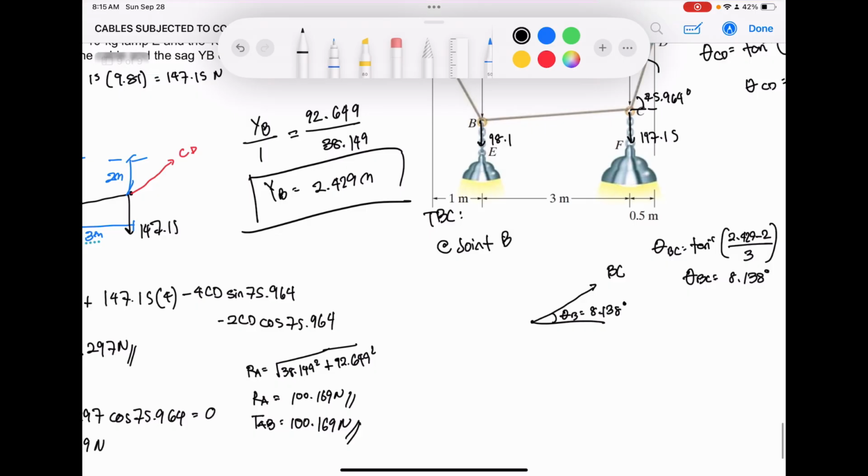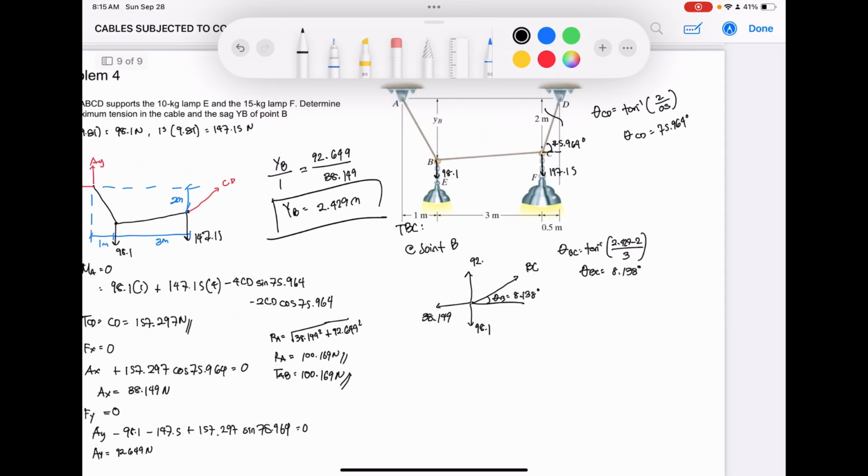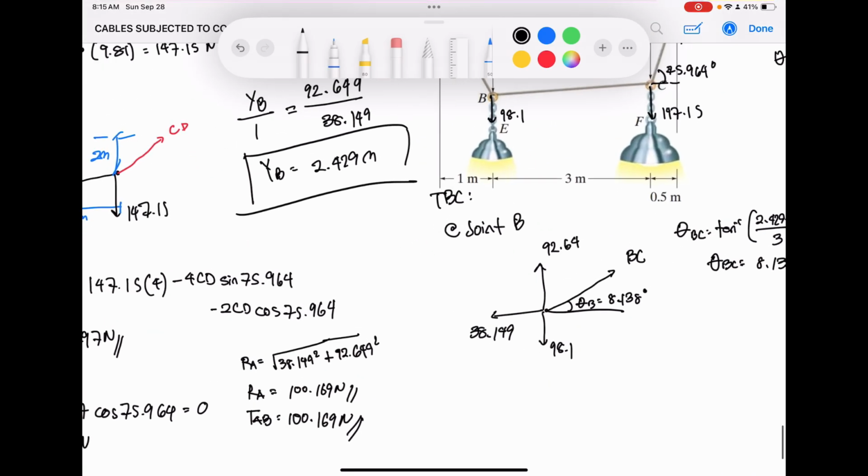Tapos we have 98.1. We have 38.149 x component ng AB, and we have 92.649.